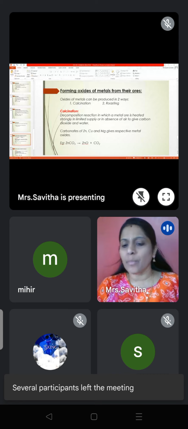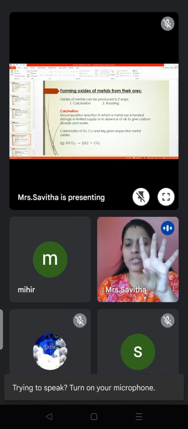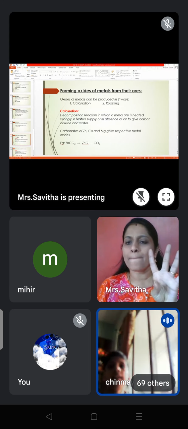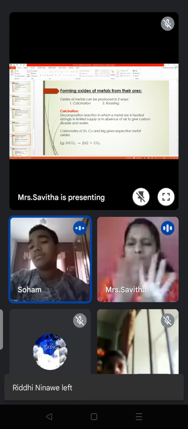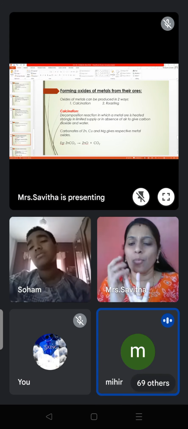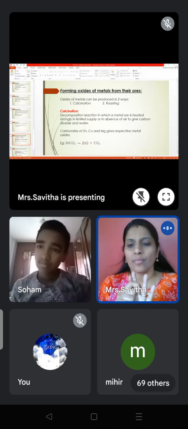This process is used in metallurgy, where there are four main processes. The first is simple cleaning, out of which you have studied froth flotation. The second is the one you are studying now: the cleaned ore has to be converted into its oxide form.